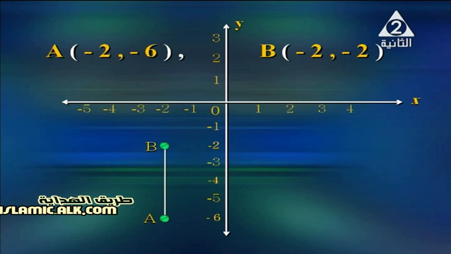Then you are going to notice that the point C will be the midpoint of AB. And here we can say that the point C will be (-2, -4) from the graph.